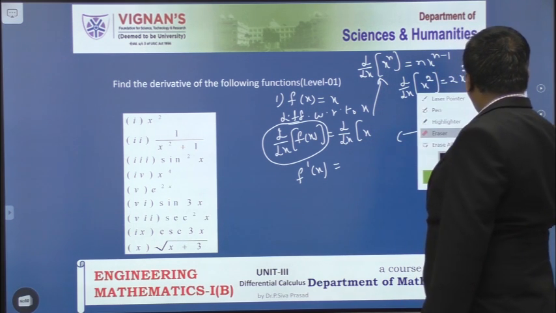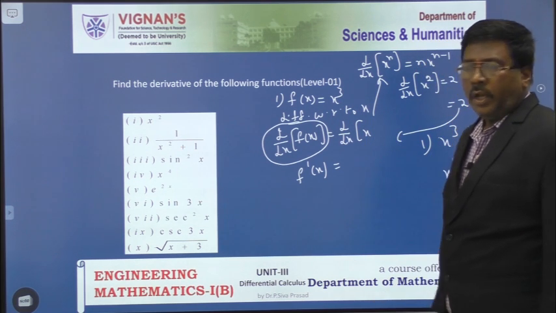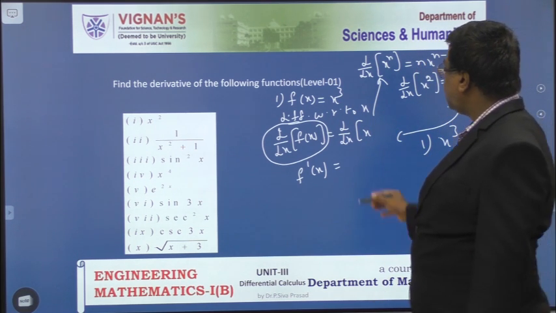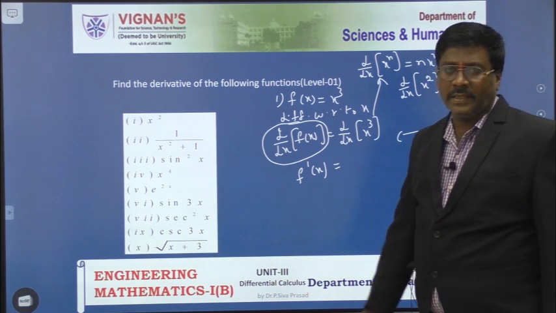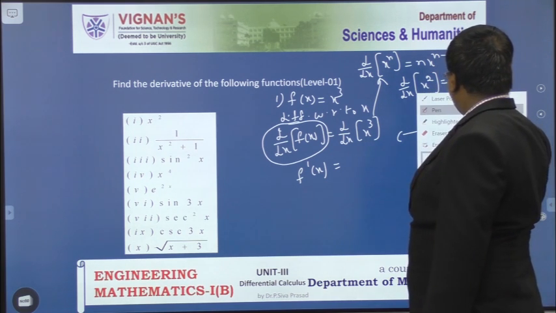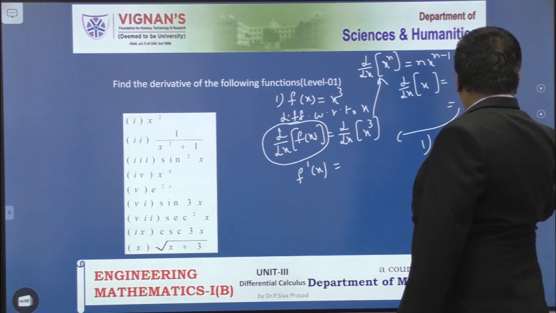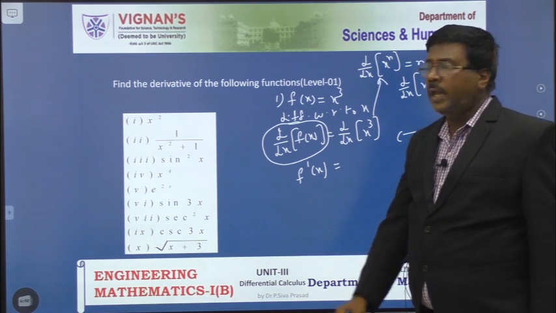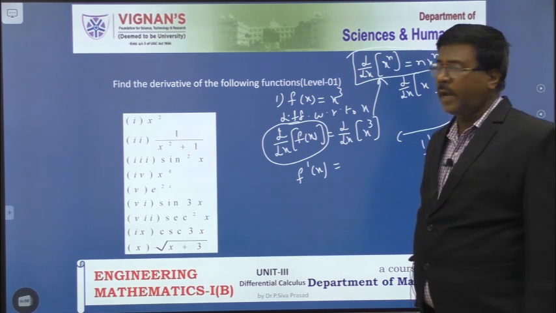Now please verify this: f of x equals x cube. Differentiate with respect to x on both sides, then d by dx of f of x equals d by dx of x cube. Here I have to apply the formula: d by dx of x power n is equal to n into x power n minus 1.